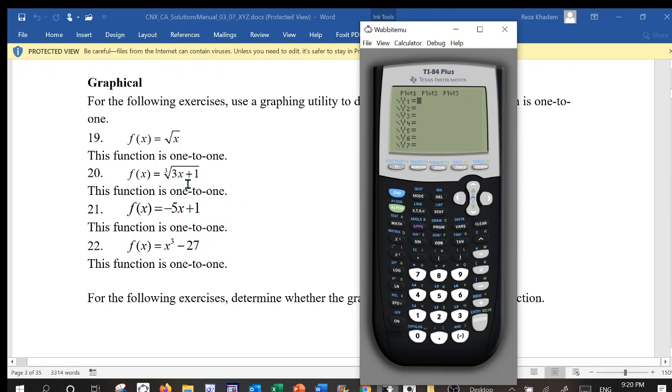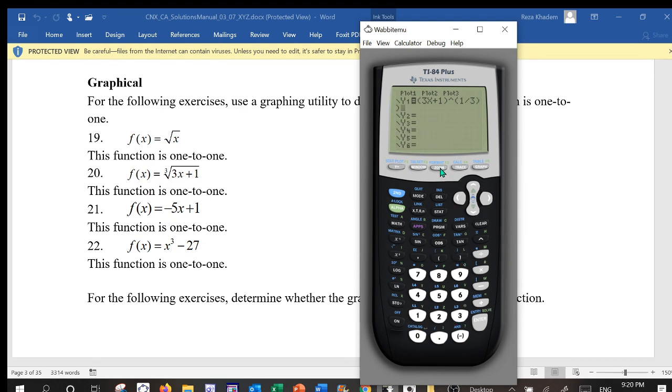So cube root of 3x plus 1. That means we have to go to y equals and enter 3x plus 1 and raise it to the power of 1 over 3. That's cube root.